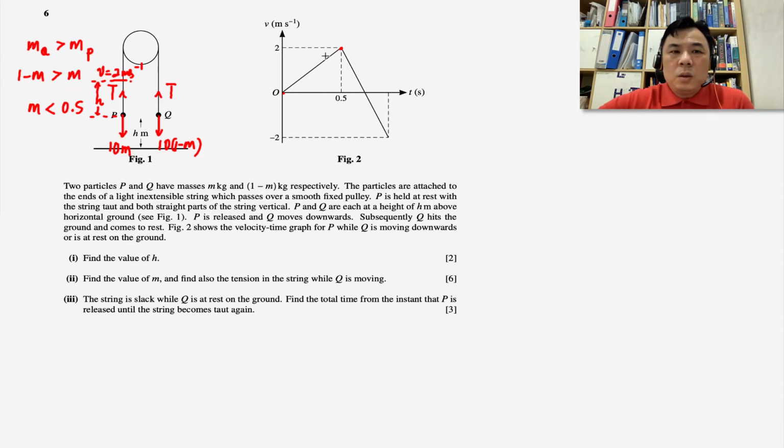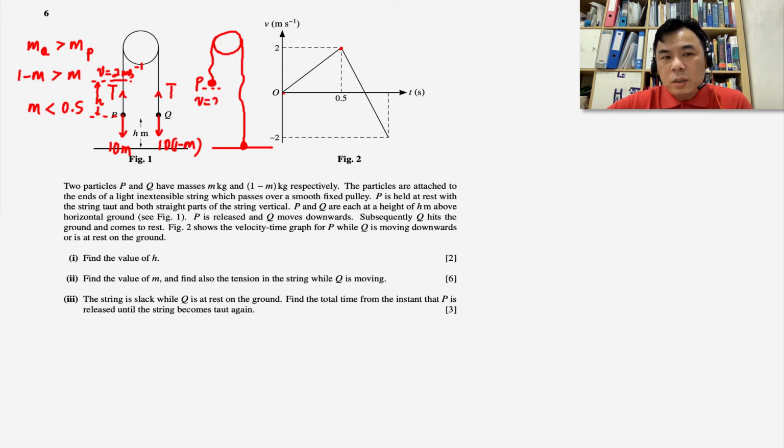All right, so I'm going to show you how it looks at the side here. So what happens is that when the string becomes slack, that is when Q has already reached the ground, at that point, just before it becomes slack, the velocity of P is 2 meter per second. So P is here at this point.